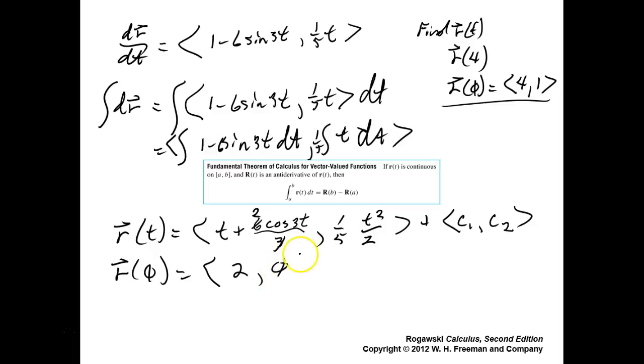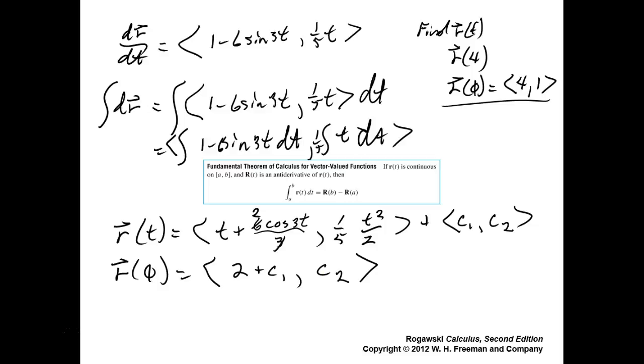Got it? Okay, plus C1, C2. Now, it may be better if we wrote that. In fact, I think I will. That's going to be 2 plus C1, comma, C2. You buy that?